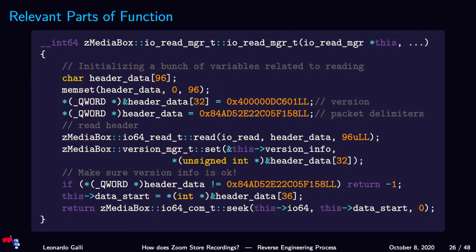Then we check that the first 8 bytes of the file are actually this, which just verifies that it's actually this temporary file format and not just some other random file. And then what's also interesting is we look at this offset here in the file, and this basically tells Zoom, okay, downwards in the file at this offset, the actual interesting bit starts. So go start looking there now.